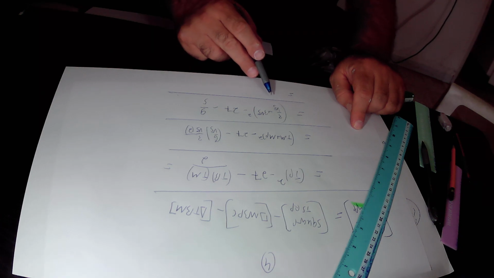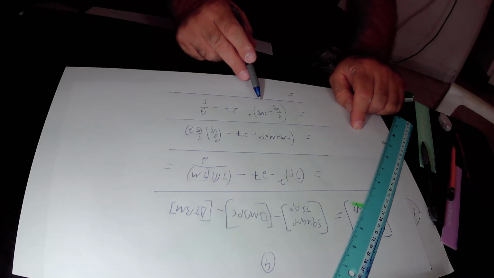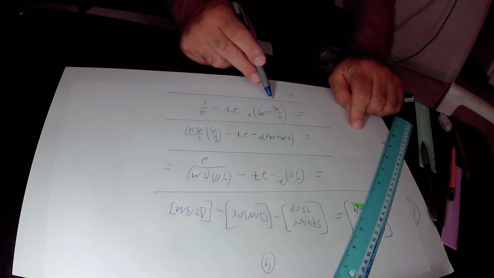We have here 3 over square root of 5 plus 3 times square root of 5. So here we multiply 3 times square root of 5 by square root of 5, and then divide it by square root of 5 in order to have a common factor with this number.